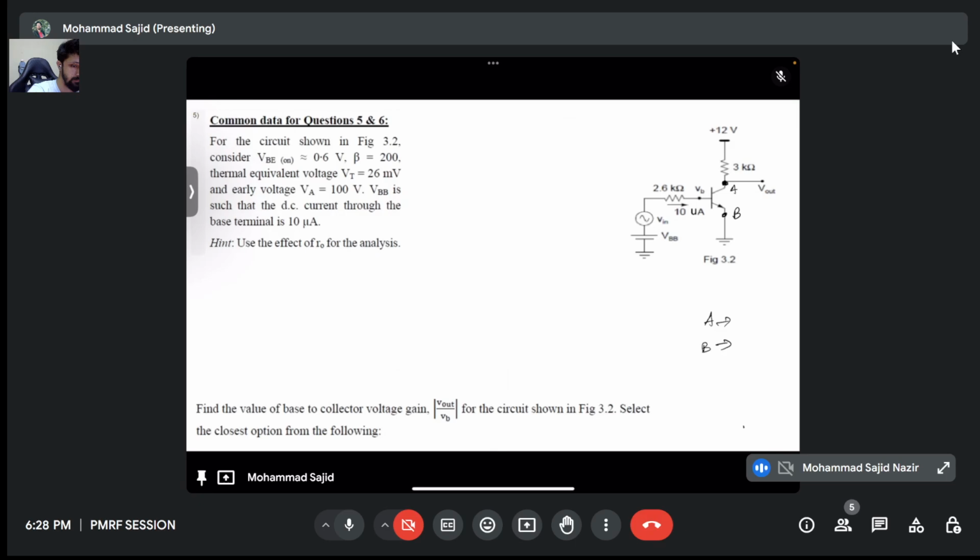You should be able to know which one is NPN and which one is PNP, and then it will be easier to know which is emitter and collector terminal. Can you tell me for this figure which one is emitter and which one is collector?